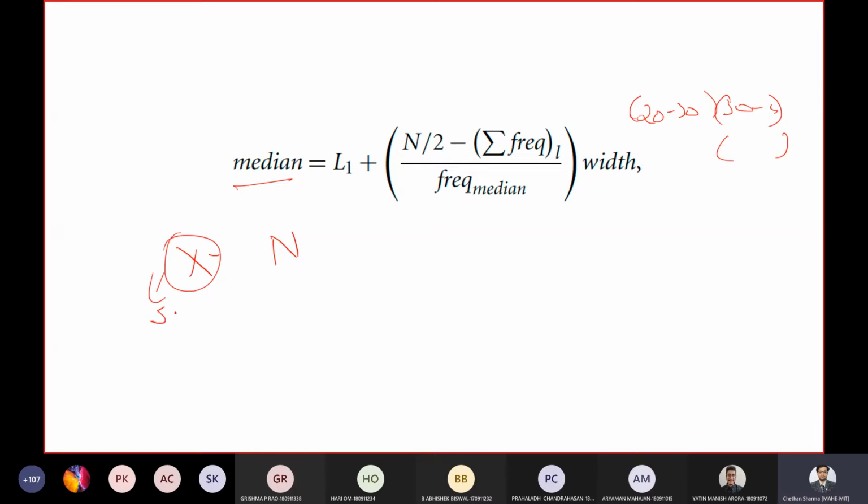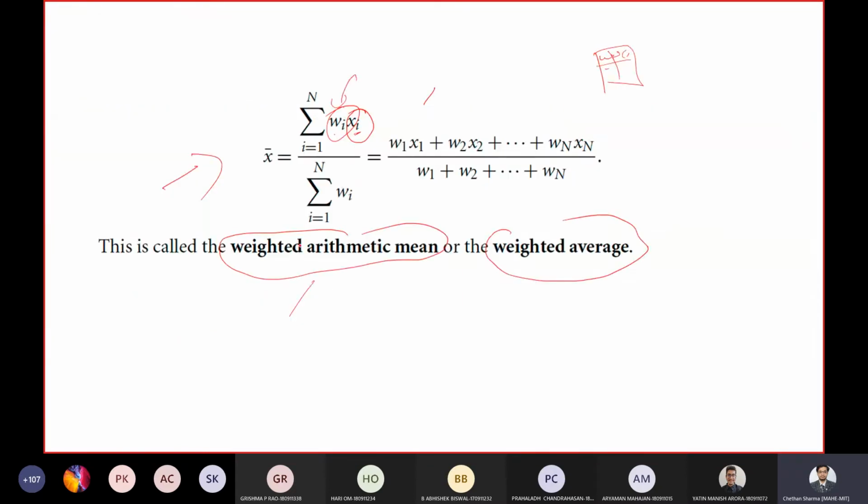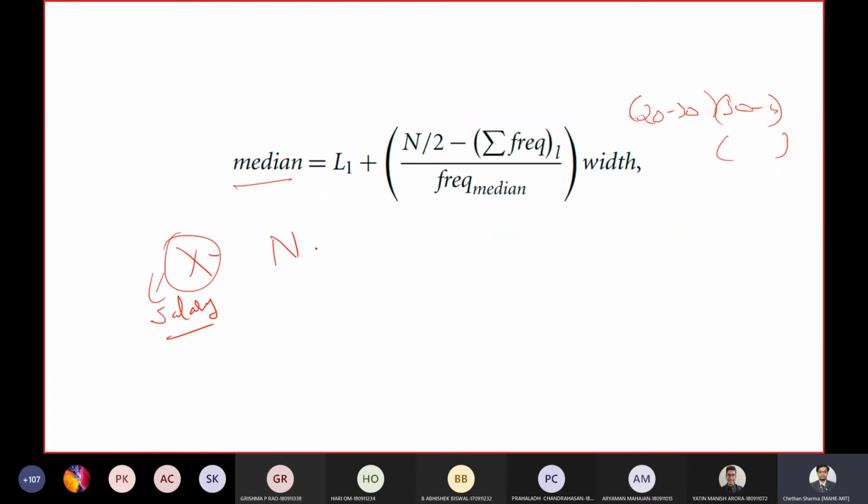Here we consider this attribute as salary. So it has to be sorted in some order, say in increasing order. If n is odd, if there are an odd number of observations, the median is the middle value.